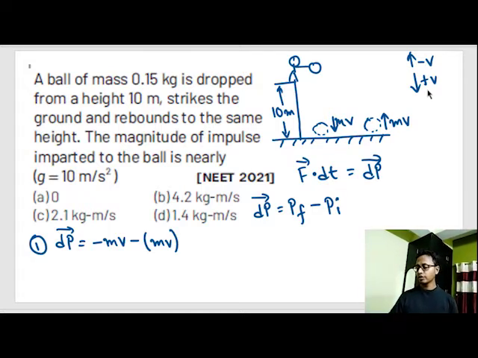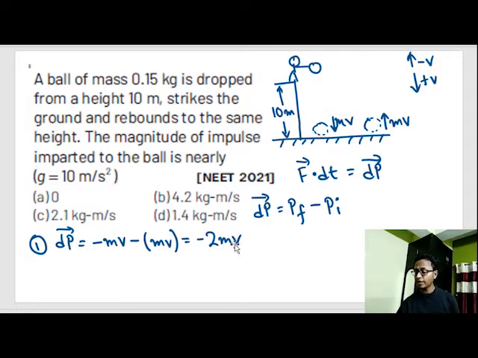So the change in momentum is minus 2mv. So we obtained our change in momentum equal to minus 2mv, or our impulse applied by the ground in this short interval of time is equal to minus 2mv.